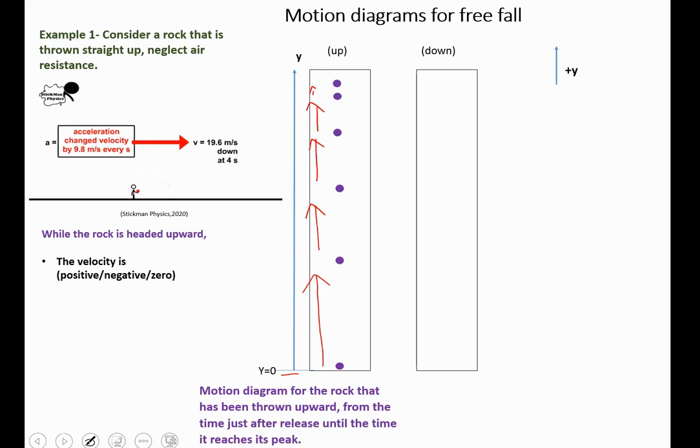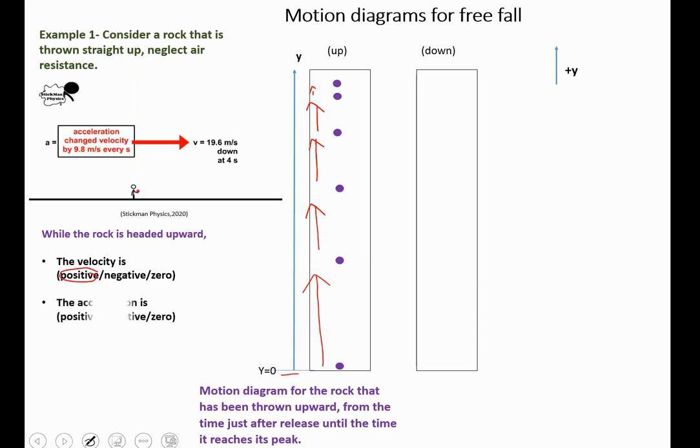So the velocity is positive because it is initially upwards. Until it reaches the maximum point, the velocity is positive.